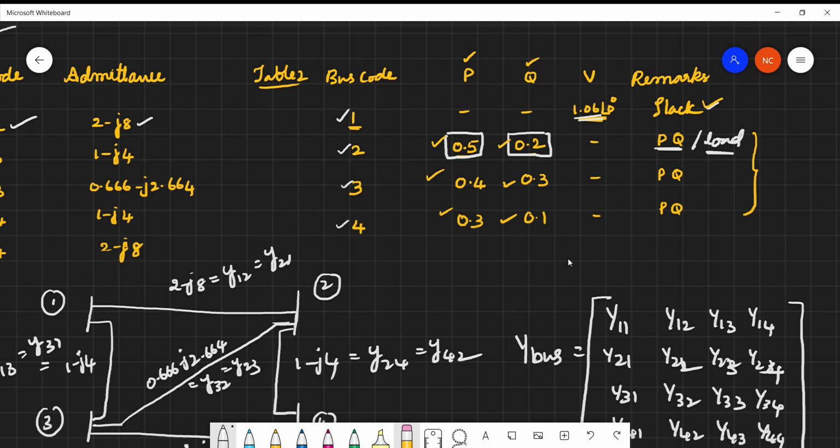Also, if you look at the table, bus 3 and bus 4 were also load buses, so P and Q values must be given with a negative sign. It will not be specified in the derivation, but while we do the problem, we have to follow this. Because it is a load bus, it is going to consume power. In order to indicate that meaning, we will have a negative sign.